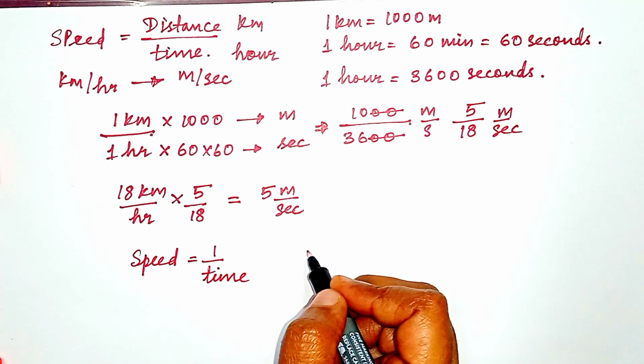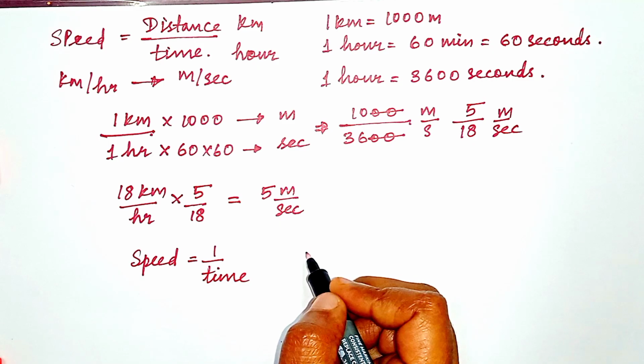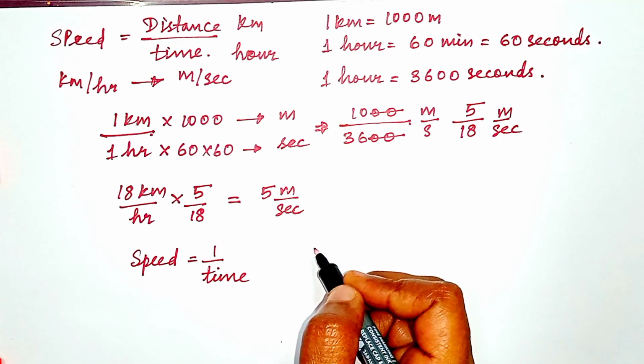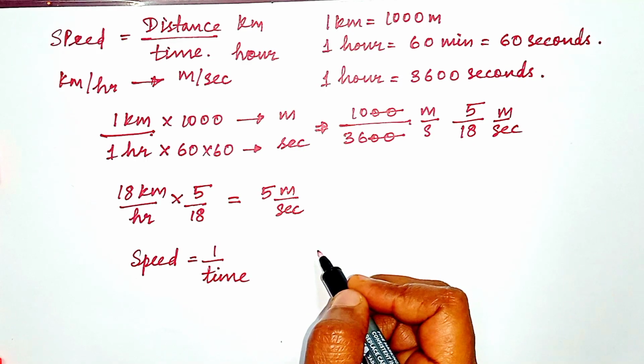In case you are going to compare the speeds of two vehicles, then you can always use the speed formula and time formula in reverse ratios.